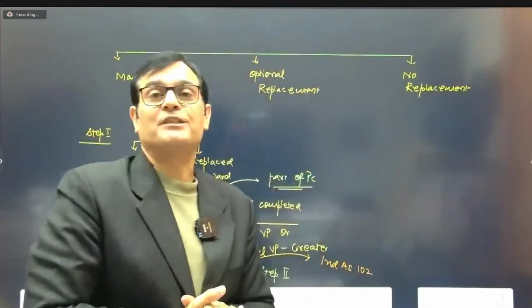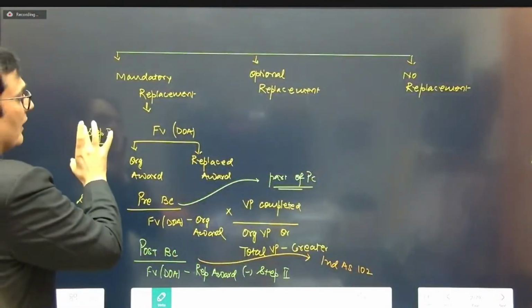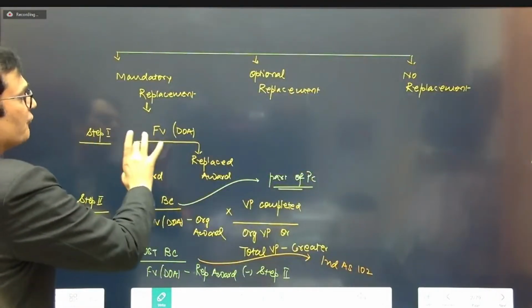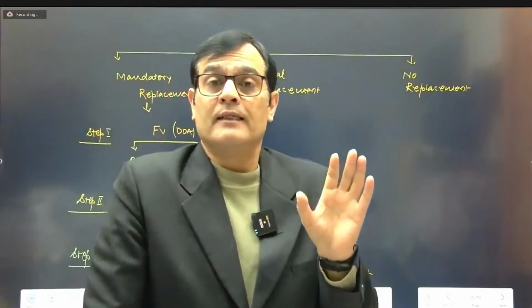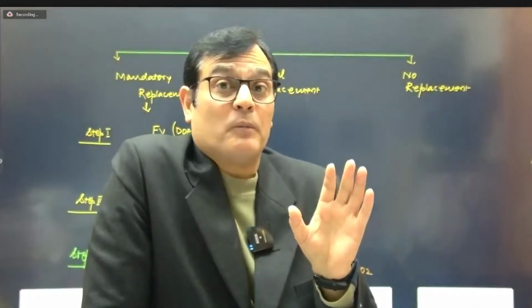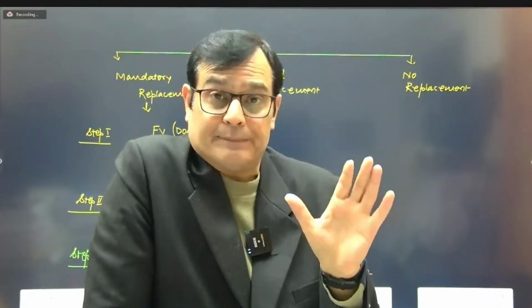Now, let's go back to the three-step model. If you notice in step number one, I've just organized the fair value of these awards. Now, let me also tell you, the fair value in step number one is not the fair value as per Ind AS 113.